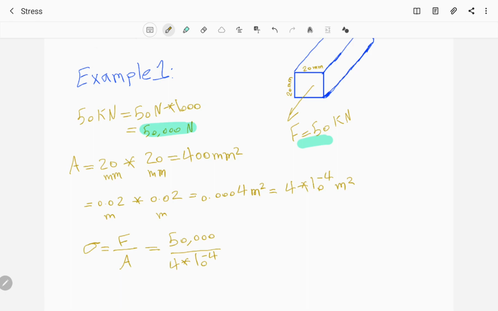Or let me write it in this form: 0.0004.